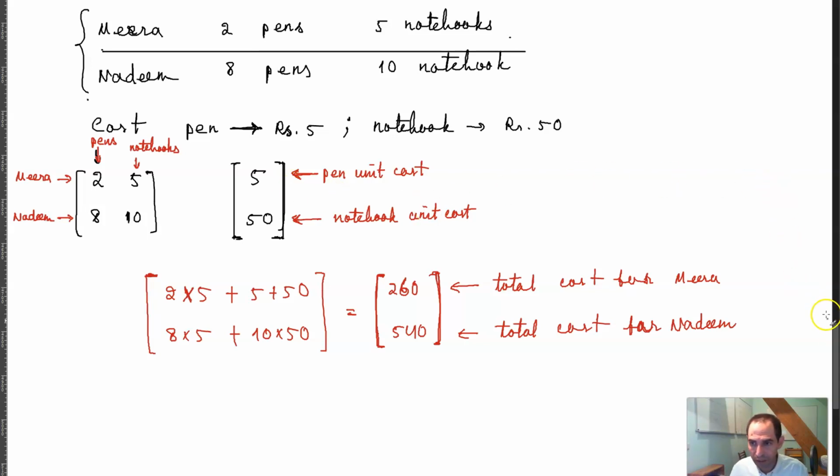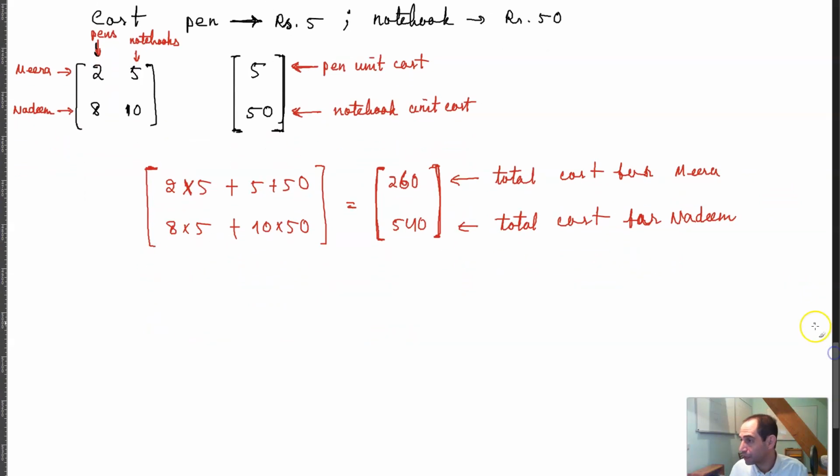The other shop, shop number 2, tells them that a pen costs 4 rupees, and a notebook costs 40 rupees.